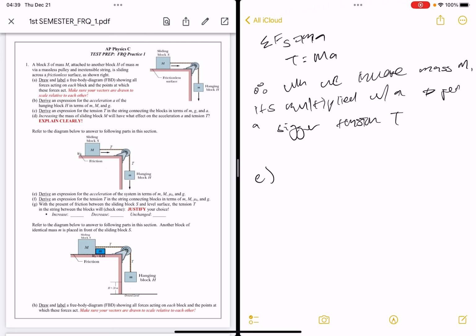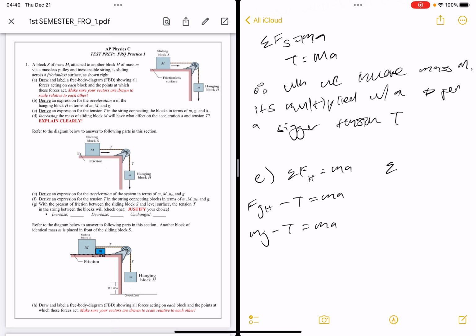For E, I'm going to set up net forces again. This time we have friction, so net force of H equals ma, and that will still be FGH minus T equals ma since it's hanging. So mg minus T equals ma, and I'm going to solve for T and set them equal to each other.